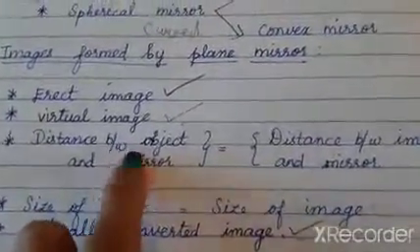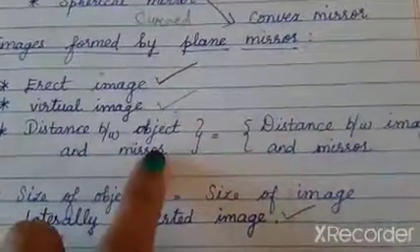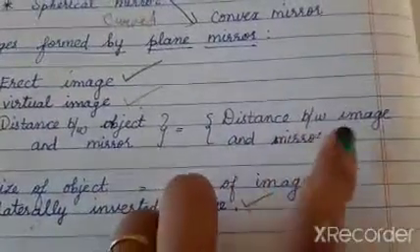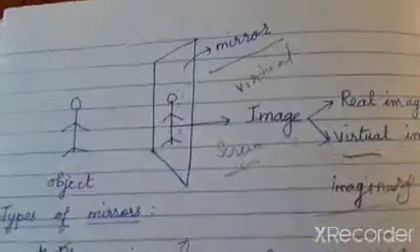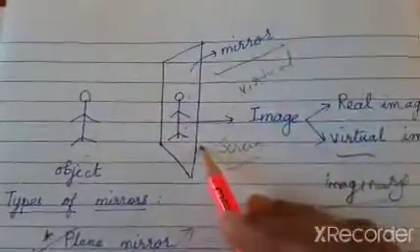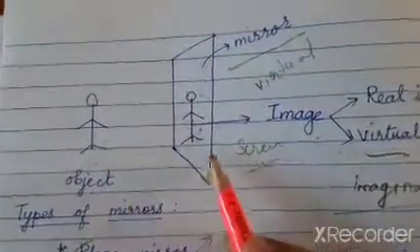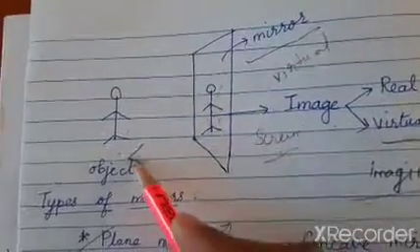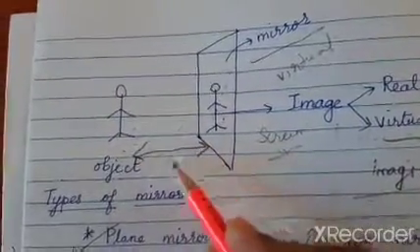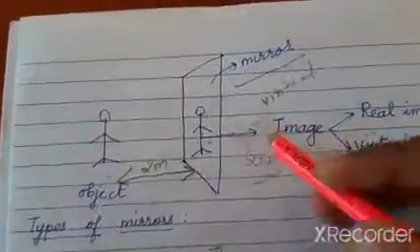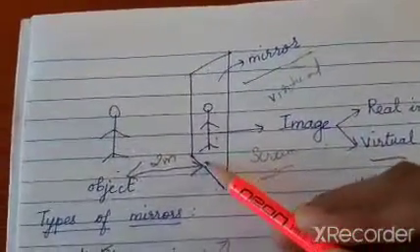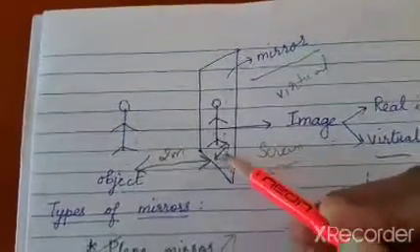The next is, the distance between object and mirror is equal to the distance between image and mirror. This is a very important point. Look here, this is the mirror and this is the object. So if the distance between the object and the mirror is, for example, 2 meters, the same would be the distance between the mirror and the image.